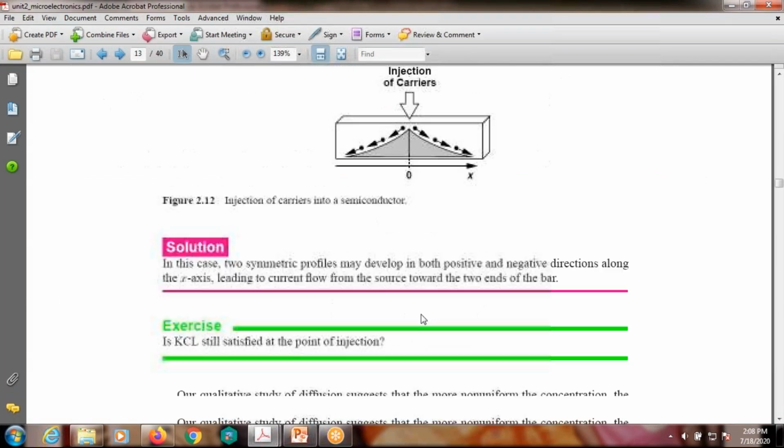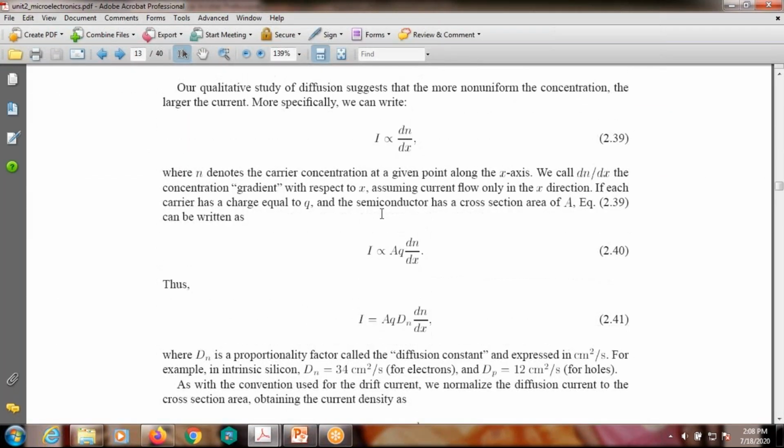Here the resultant current I is directly proportional to dN by dx, where N denotes the carrier concentration at a given point along the x-axis. We call dN by dx the concentration gradient with respect to x, assuming current flows only in the x direction.